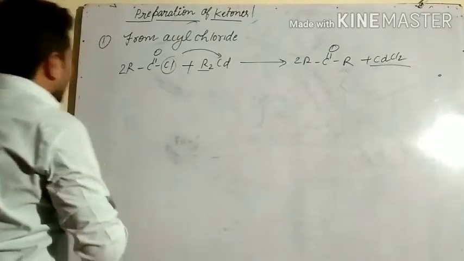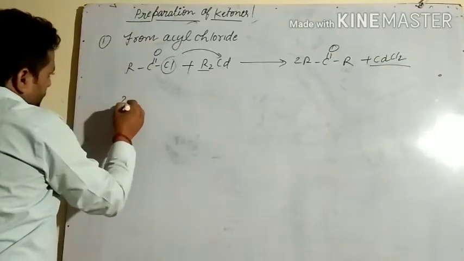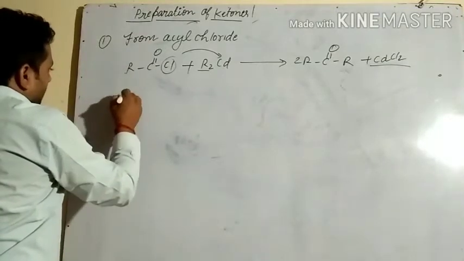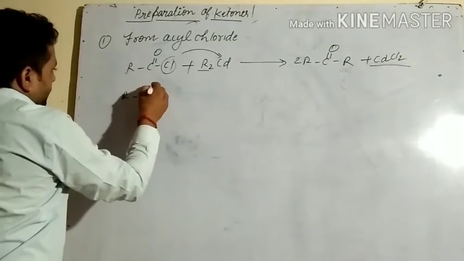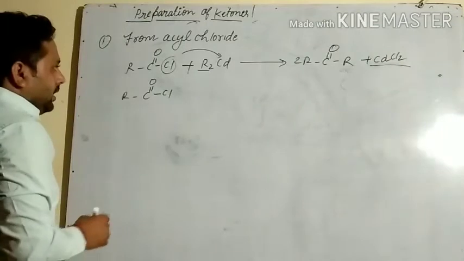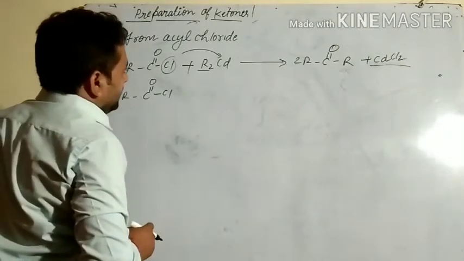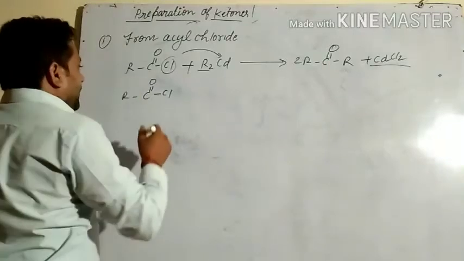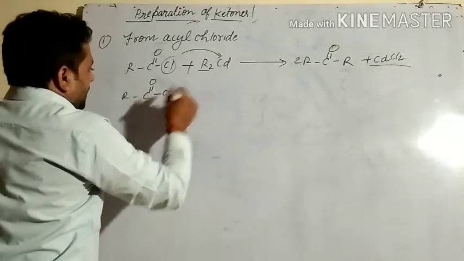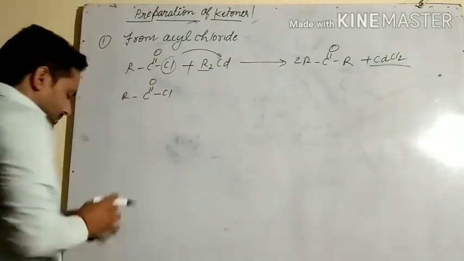Another way, it is better to write it like this: 2 RCOCl. Okay, and here we can show like this.